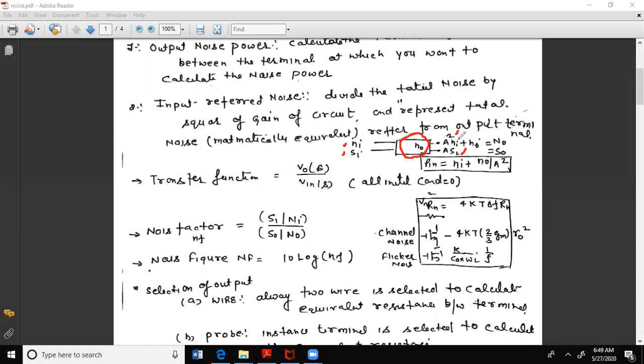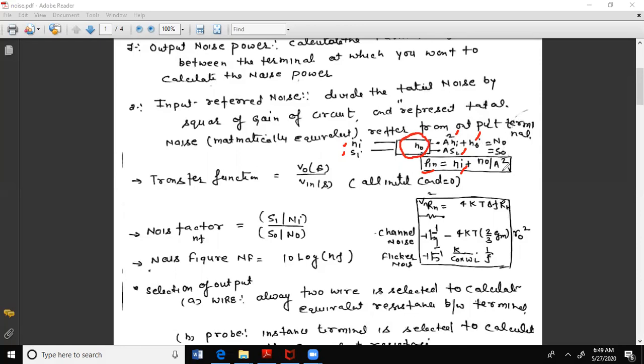So the input noise is amplified, while it also adds its own noise, N0. So total noise power is A square Ni plus N0. So input referred noise is this divided by A square, which is equivalent to Ni plus N0 divided by A square.